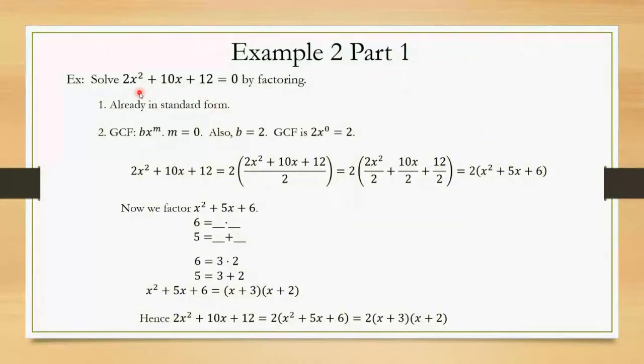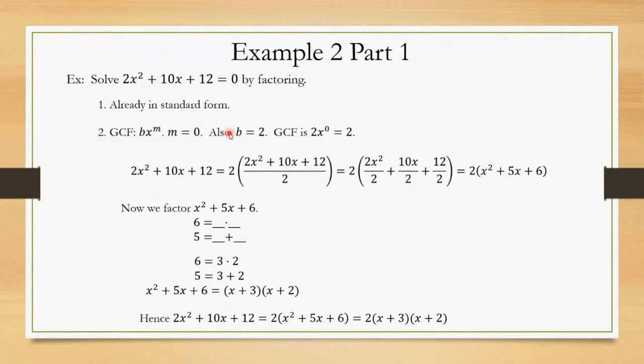Since 2 is a factor of 10 and 12, and 2 is one of the numbers here, 2 is the greatest common factor of 2, 10, and 12. I hope that made sense. You could always list the factors of each, and you'll see that 2 is the greatest common factor.